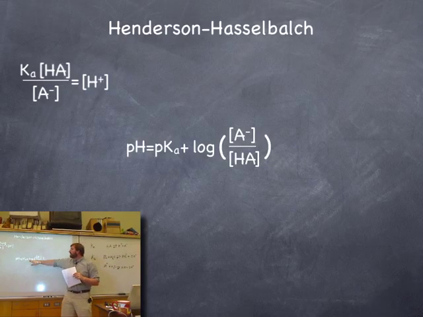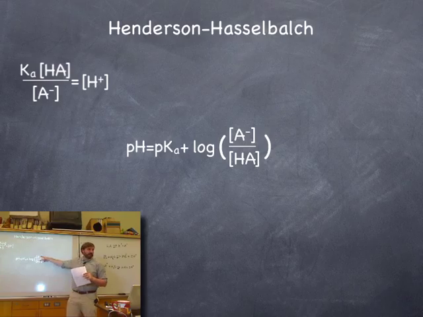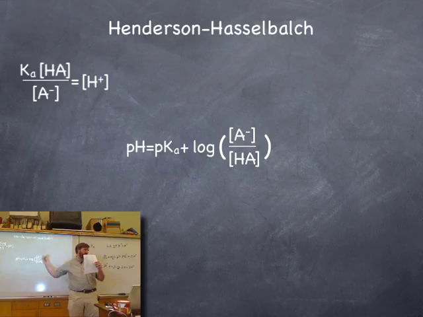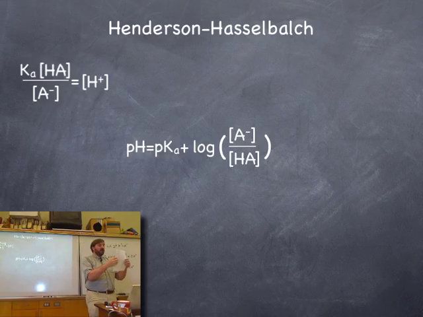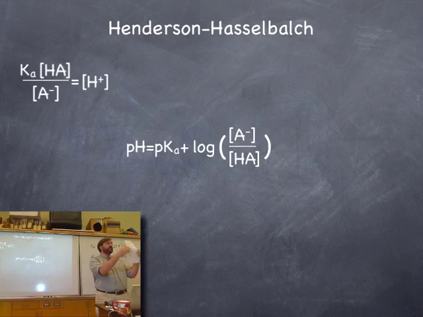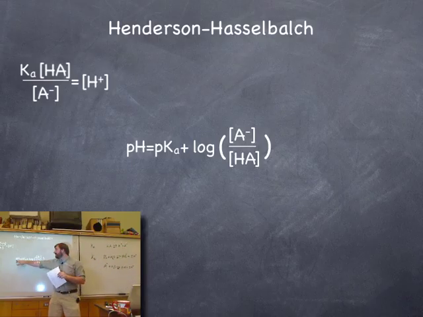You can have a negative sign here and flip these back around, but that's not how they write it on the useful equation sheet, so I wanted to go with what's on the useful equation sheet. But it's the same math. There are two versions of this on the useful equation sheet: one exactly like this, and one that says pOH.